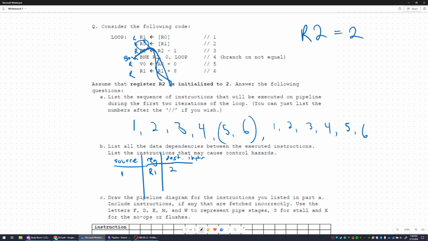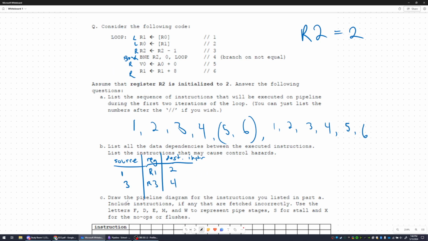Is R0 used anywhere else? No. R2 is used for the branch. So the source is line 3, register 2, destination is line 4. R0 is not used anywhere. And then R1 is going to be used when you loop back up to here.